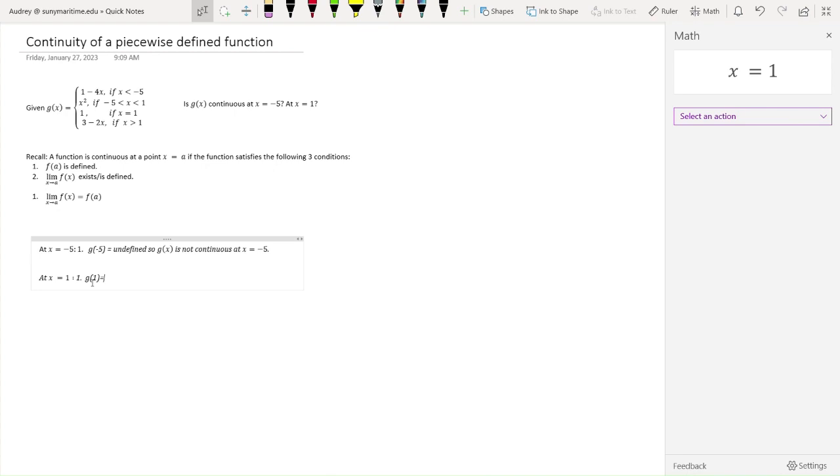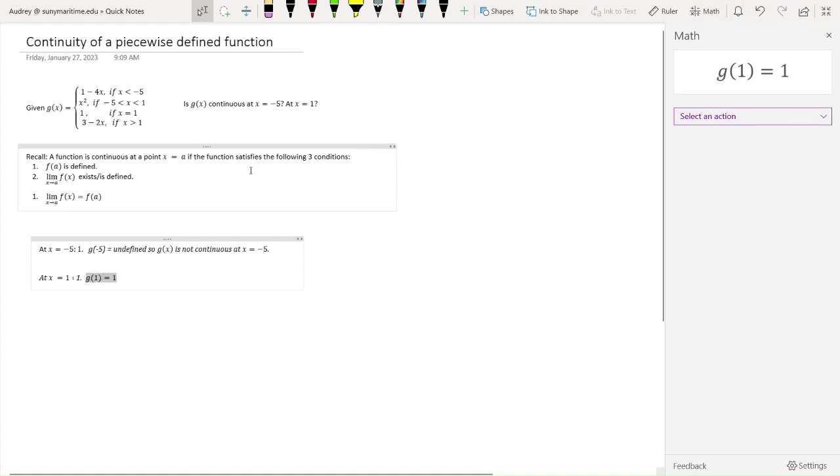What is g of 1? Once more, we have to figure out the interval in which we work. So here x is 1, and you can see if x is 1, the value of the function is actually 1.